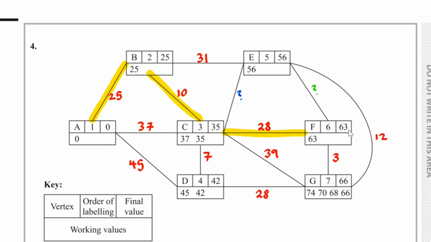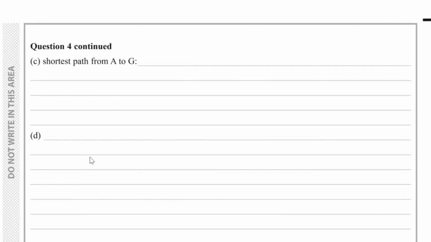So that's why I have to go to F. And then when I'm at F, I can go straight to G to get the 66. And so for part C, the shortest path will be given by A, B, C, F, G.